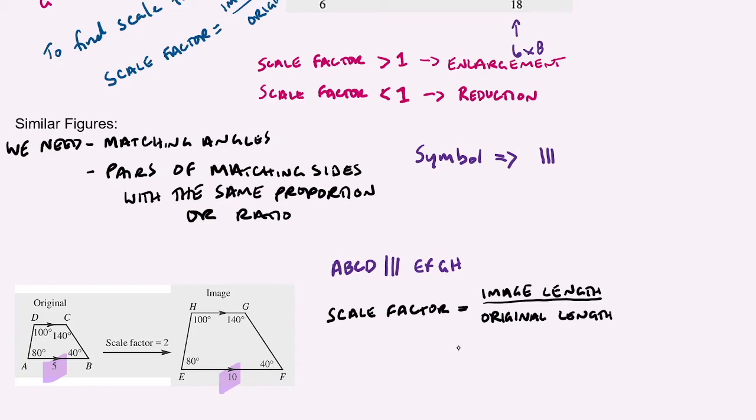So the image length, our new length, is 10, and our original length was 5, which gives us that 2. And you can see there that our corresponding angles, this angle here is the same size as that angle there, and you'll see that all the way around those shapes.